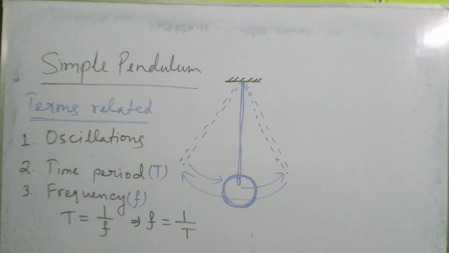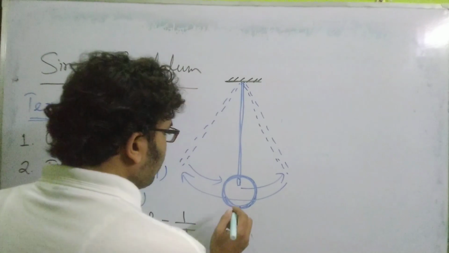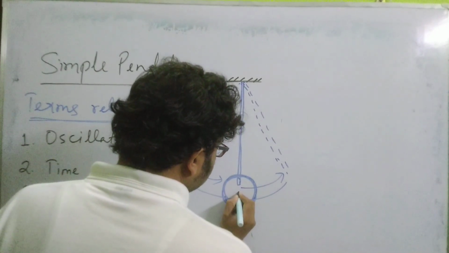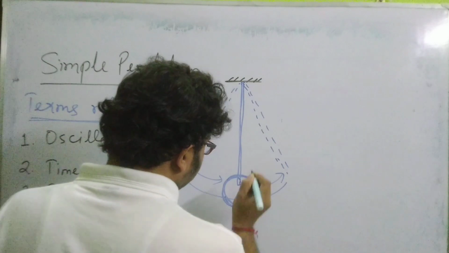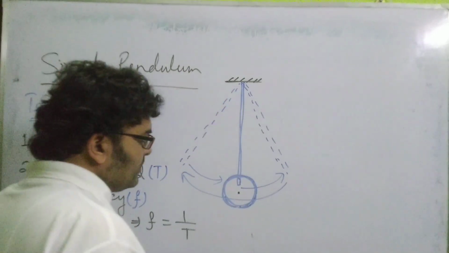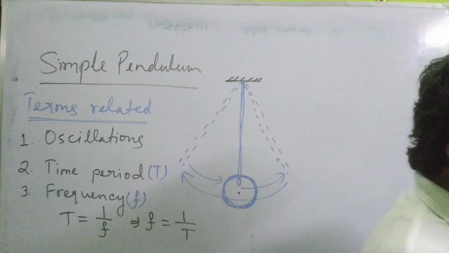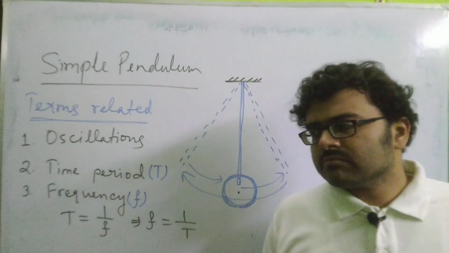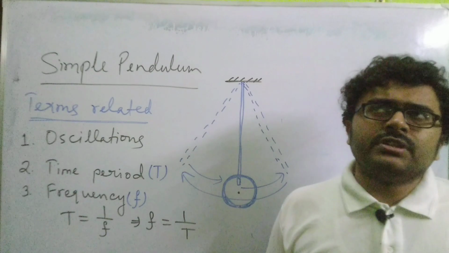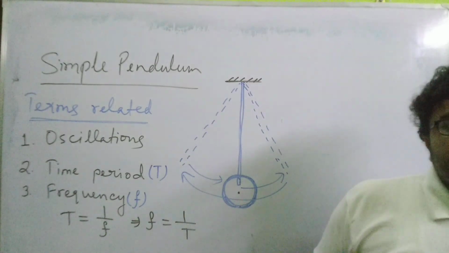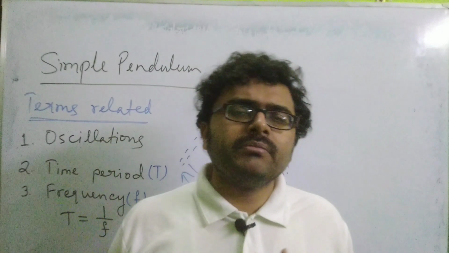Fine. Now, the fourth term that comes is the effective length. So what is the effective length? Have you any idea? Now see, when the bob is suspended, you know that every body has a center of gravity. We have read this term in class 8. Center of gravity basically denotes that point within a body. In simple terms, it can be said that the center of gravity of a body is the point where the body can be balanced.